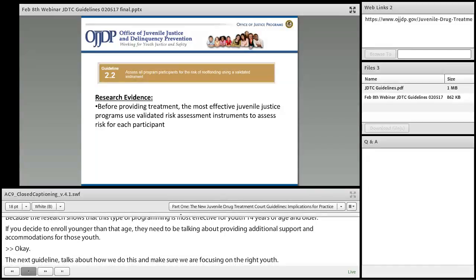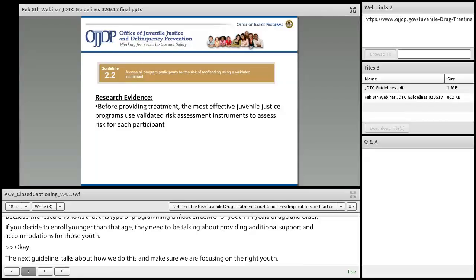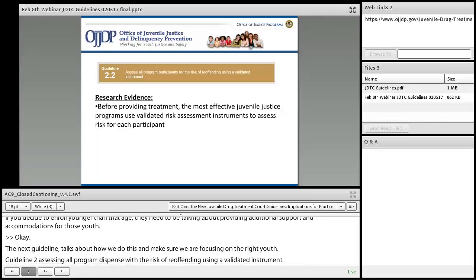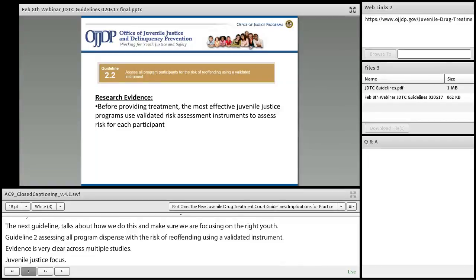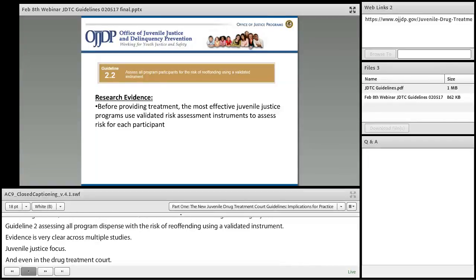The evidence here is very clear across multiple studies, in juvenile justice and even in the drug treatment court focus, that before you provide treatment, the most effective juvenile justice programs use validated risk assessment instruments to make sure that each young person meets the criteria, right? So again, moderate to high risk for reoffending.